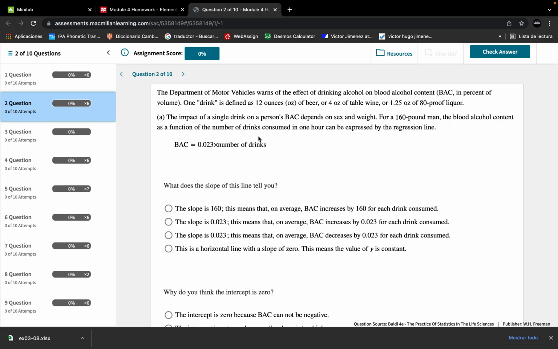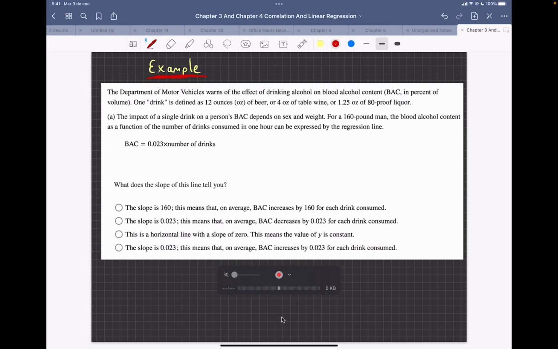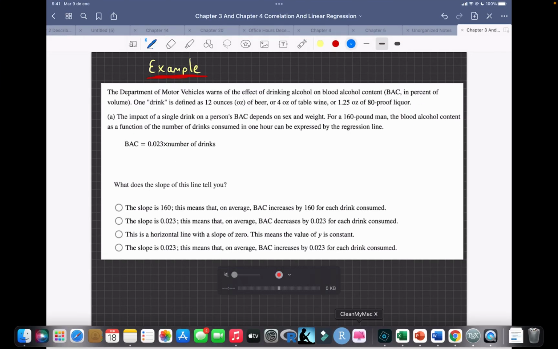I'm going to write it here. So we have the model here. This one is going to be your y hat, and number of drinks is going to be your x, so that we can have the model y hat equal to 0.023 times x. What happened to the plus, the constant? We don't have that constant here. We can say it is 0, right?